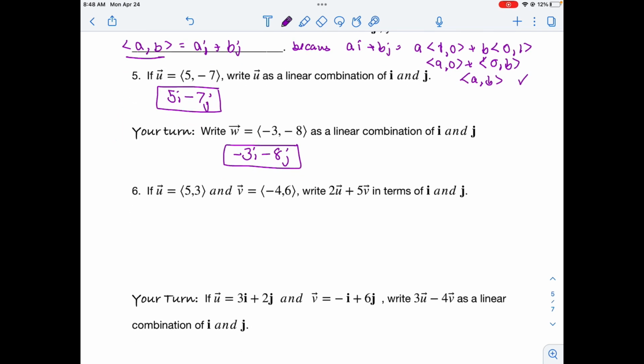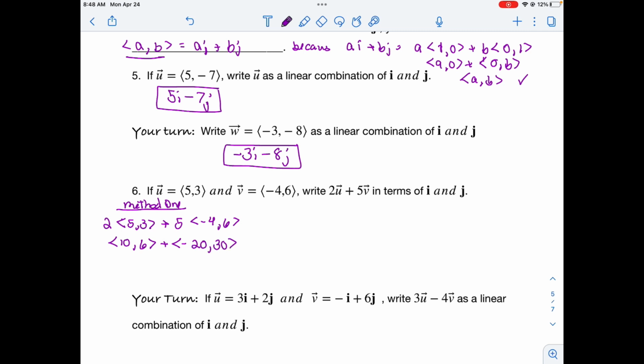Now we're going to do some operations with these and write our answer as a linear combination of i and j. There are two methods to do this. One, we can do it just like we did earlier in this section. So if I wanted to find 2 times vector u plus 5 times vector v, I can just do scalar multiplication, distribute the 2 to each component of the first vector, and distribute the 5 to each component of the second vector.